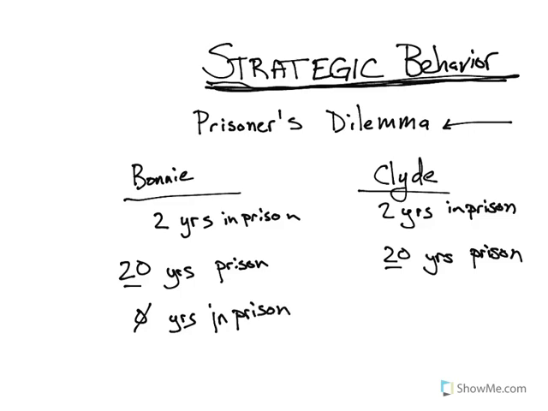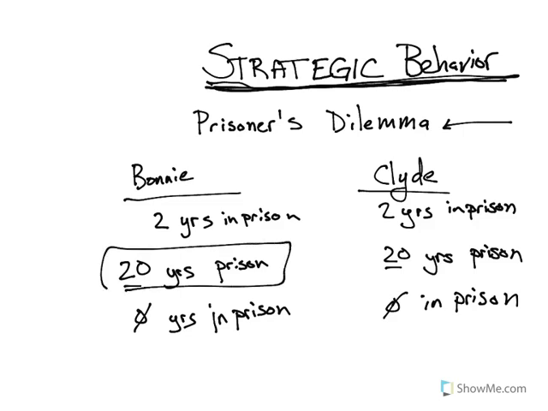So if you confess, you're going home. But if the other guy confesses and you don't, you are going to prison. So those are your alternatives. You confess, and the other guy doesn't, then you go home, you get probation. But if the other guy confesses first, you're doing the full ride.